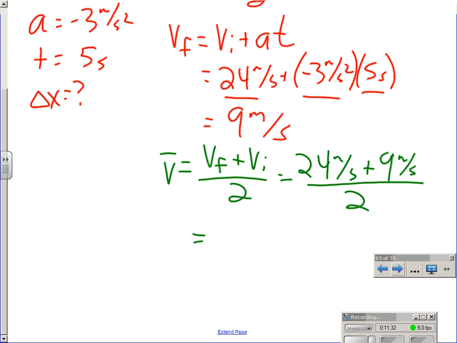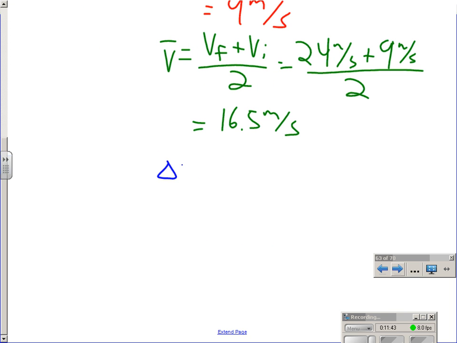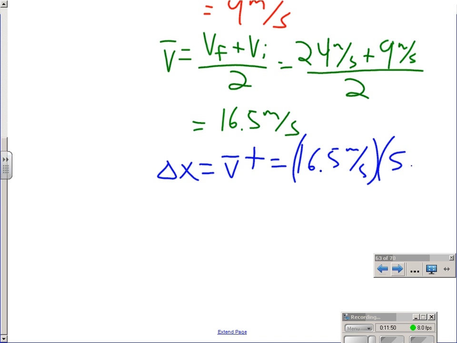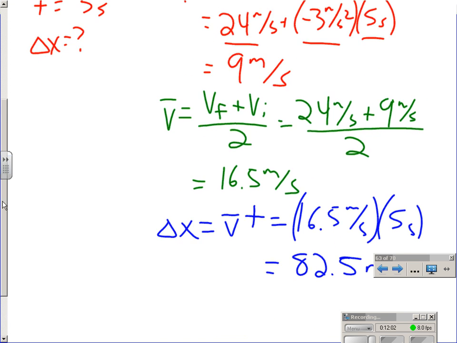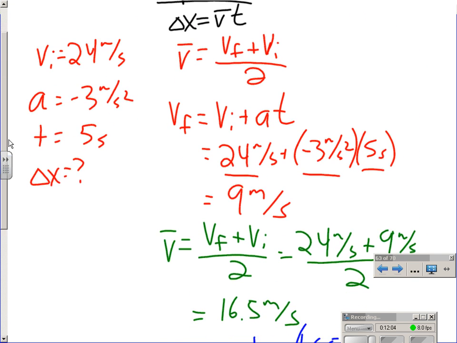To get an average velocity of, what is that, 33 divided by 2 is 16.5 meters a second. And then finally, now I can find my displacement by multiplying 16.5 meters a second times 5 seconds. It gives us, what, 82.5, I think? Okay, so that works. It gives us an answer, but it was a pain. It was 3 steps, right?